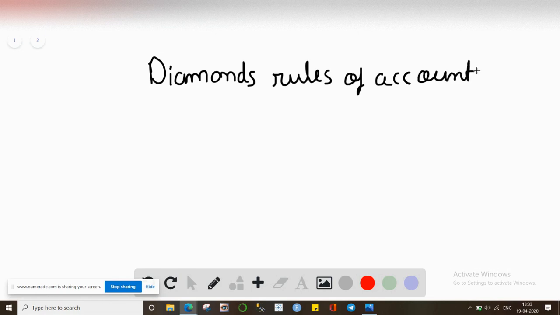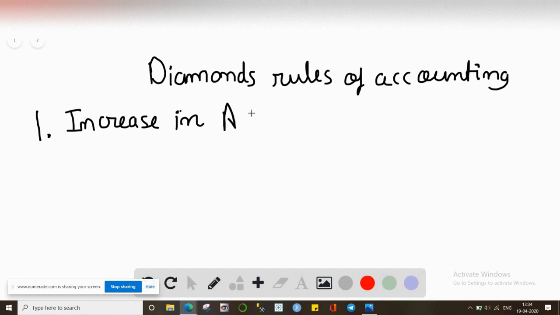Whenever there is a financial transaction which involves exchange of goods and services against money, the diamond rules of accounting will be applicable to record such a financial transaction into the books of accounts of the company. Please write down these rules for a better revision of the logic behind recording a journal entry.